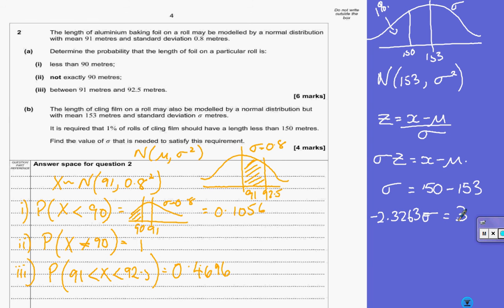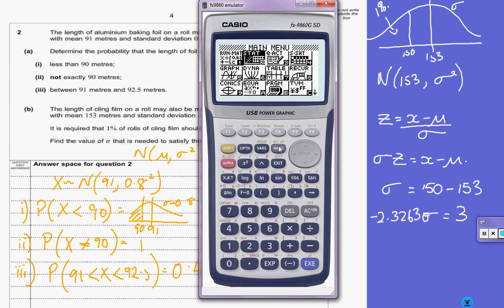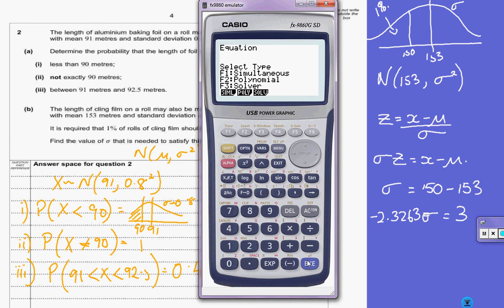Now, if you are terrified of using formulas and how to solve it, you can actually go to the equation part and we will solve it. So what we type in here is minus 2.3263x. I know it's not x, but that's what we're going to use. Shift to decimal to give us an equals, and 3.